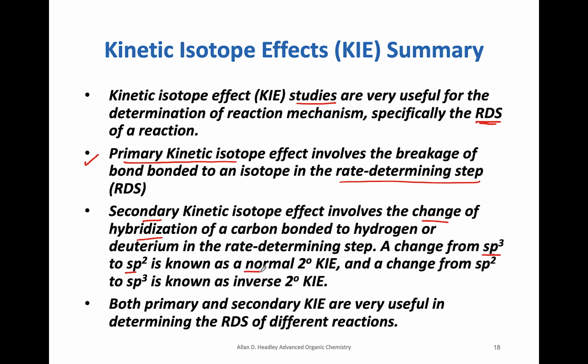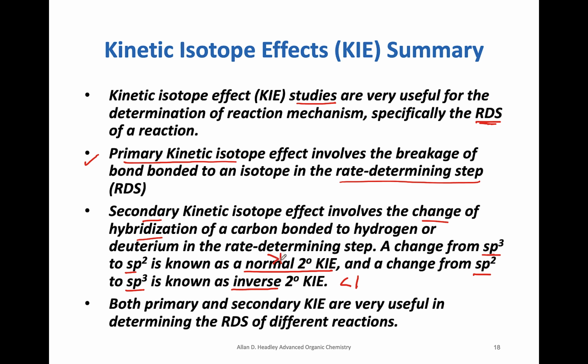This is known as a normal kinetic isotope effect. A change from an sp2 to an sp3 is known as an inverse. Why inverse? Because it's less than unity. And for the normal, it's greater than unity. Don't forget, these numbers are typically small. Typically small because it does not involve a bond breakage.